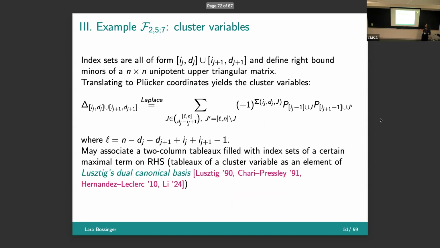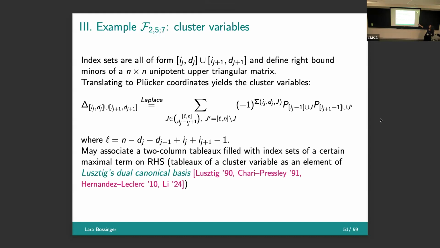And there's a combinatorial tool that we can use here to associate to each cluster variable a tableau. And the tableau we will associate will correspond to one of the terms on the right-hand side here. And it will be filled by the index sets that appear.